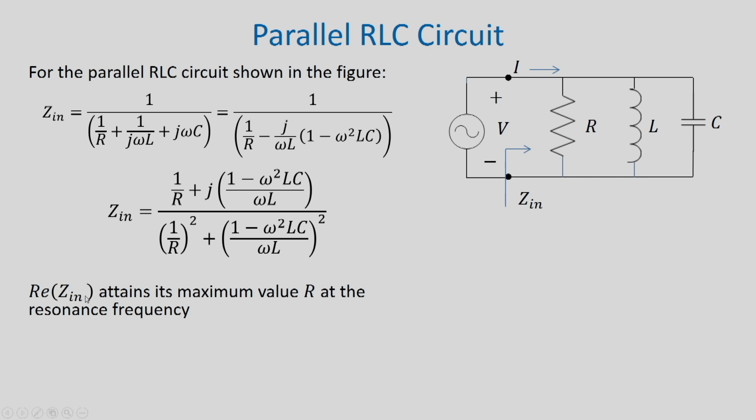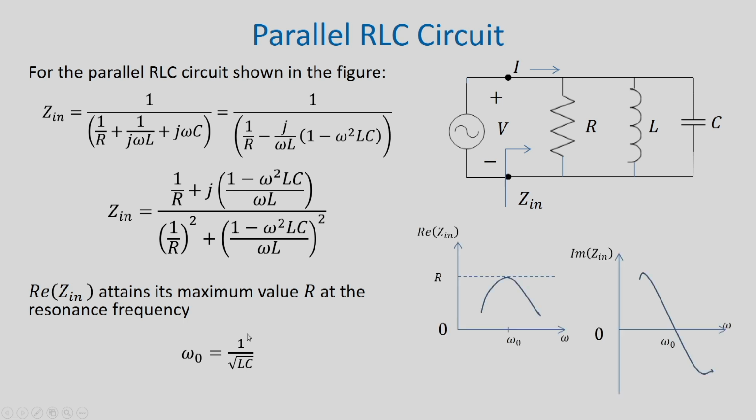Now, real Zin will attain its maximum value R at the resonant frequency, and at the resonant frequency the imaginary Zin will be 0, and this resonant frequency is given by omega naught, which is equal to 1 by root LC.